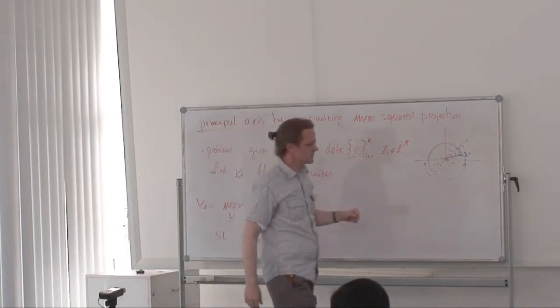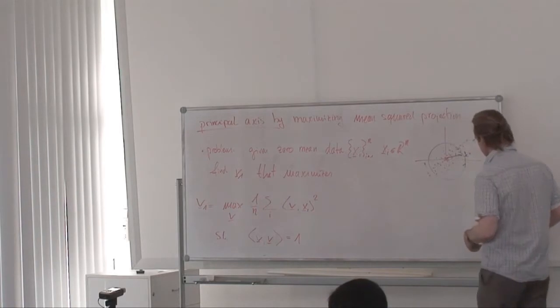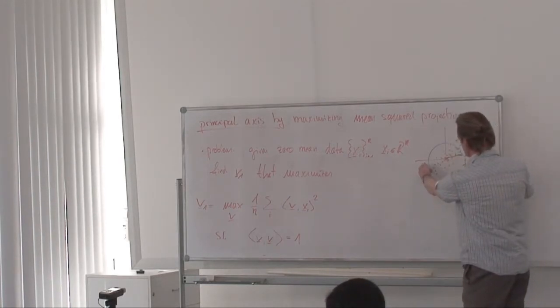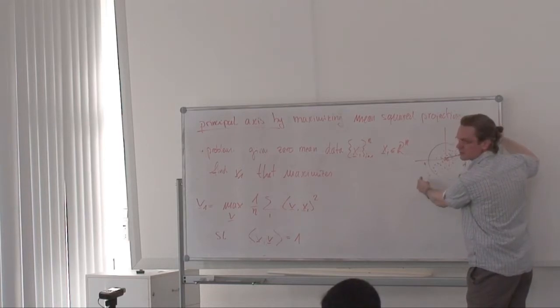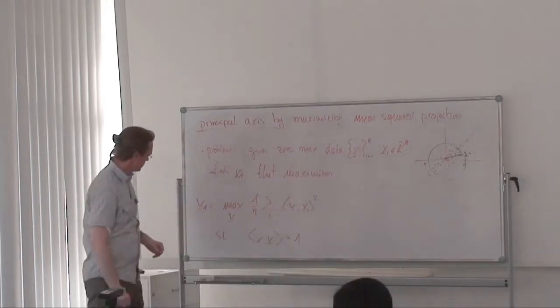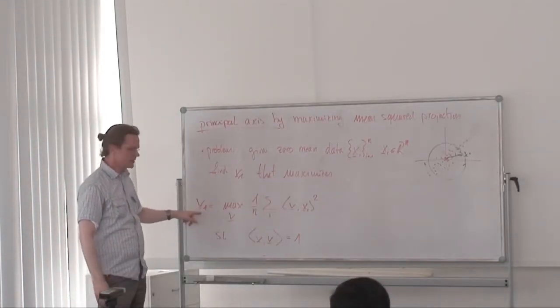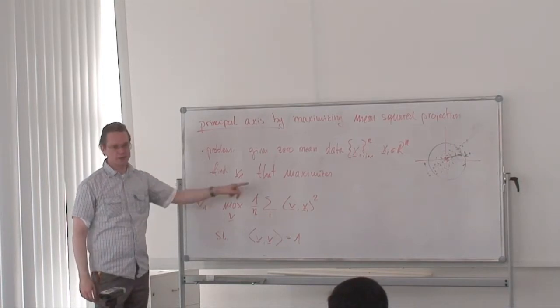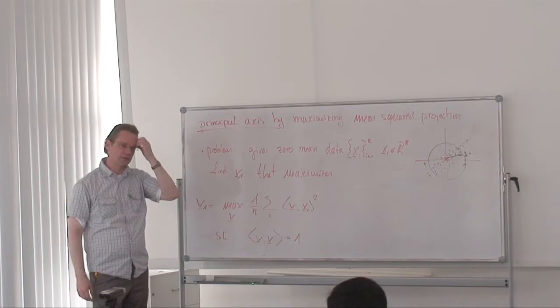And we can see that depending on what vector we choose, say this one, here the spread is not as large as it is here. Our question is, can we solve this problem? Can we find the vector v1 that is indeed the maximizer of this problem?